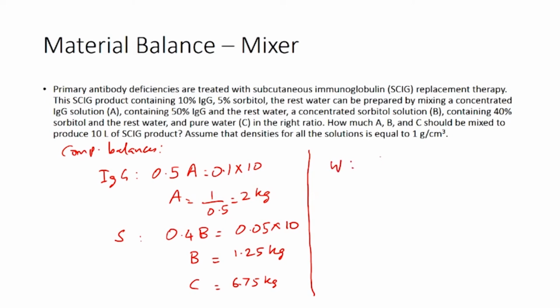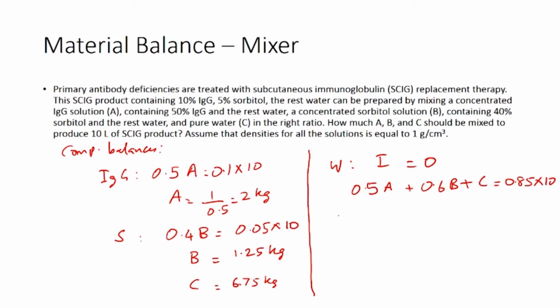If we were to write a water balance equation, it would look like this. You again have input equals output. So, input is 0.5 times A plus 0.6 times B plus C, which will be equal to 0.85 times 10. Now, these values of A, B and C can be plugged in to see whether this equation is valid.